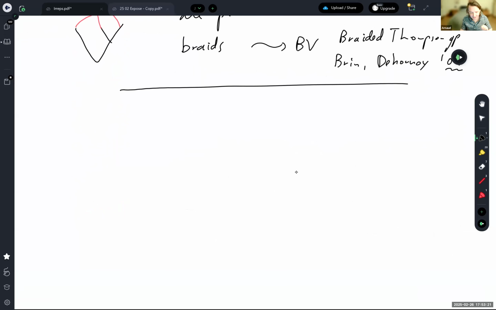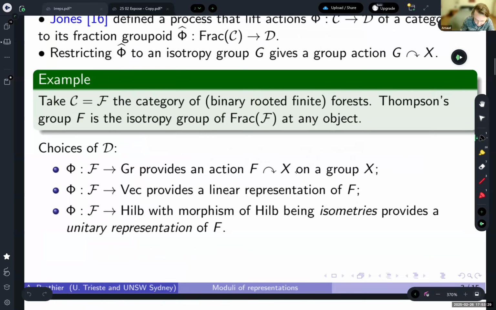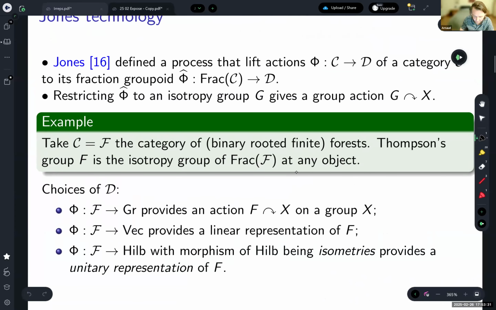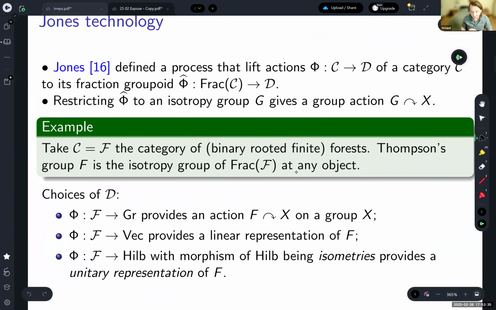I may come back to the slide and quickly work on this. All right, so I'd like to talk a little bit about Jones technology, and we'll come back to the trees to see how it's going to work for a specific key example. Okay, it will be very key for us.